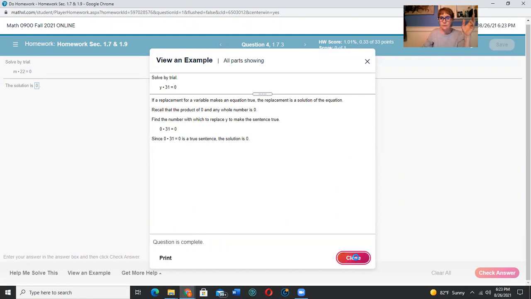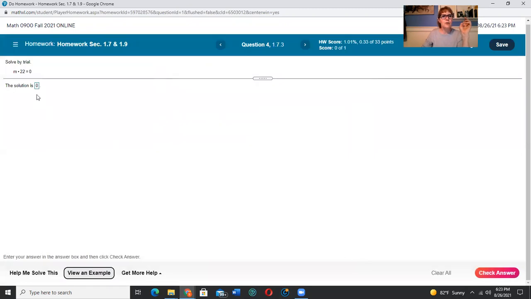So again, that's why some people don't like Pearson, is because you need to type the answer in exactly the way they want it, whether it's a simplified fraction, or a decimal rounded to the nearest tenth or the nearest hundredth, and they will tell you how they want the answer to look. So it's important that you pay attention to it. Sometimes they would say round your answer to the nearest tenth, so pay attention to that, or type it as a reduced fraction. All right, so that's an example of view an example, and that can really help.